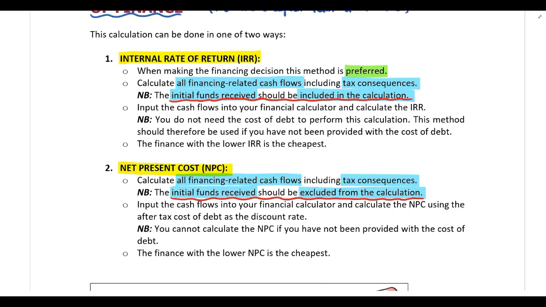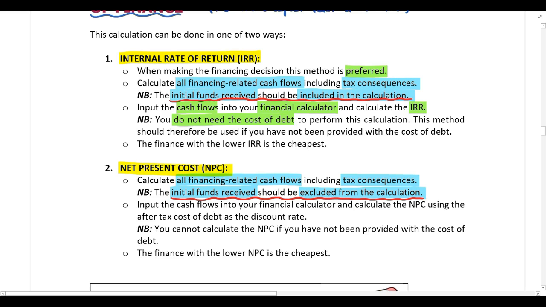With the internal rate of return method, we input all of the cash flows into our financial calculator and we solve for the internal rate of return. When we were calculating the internal rate of return, we did not need the after-tax cost of debt to perform the calculation.